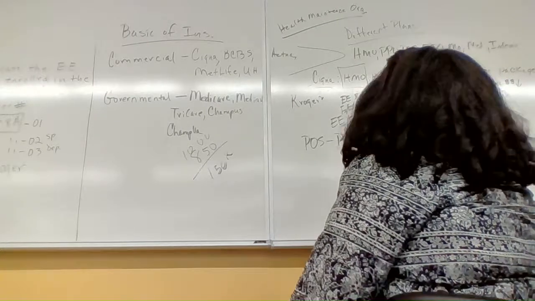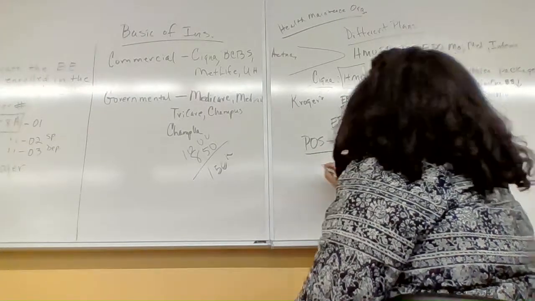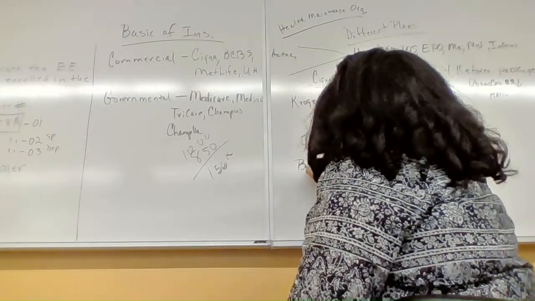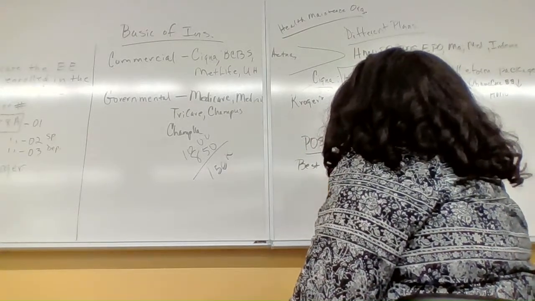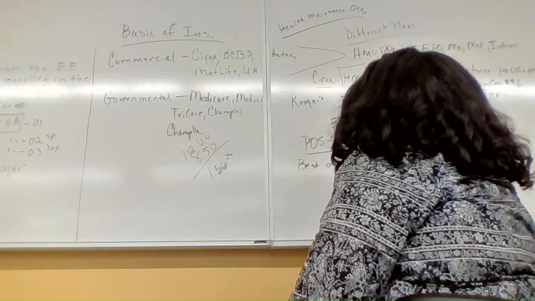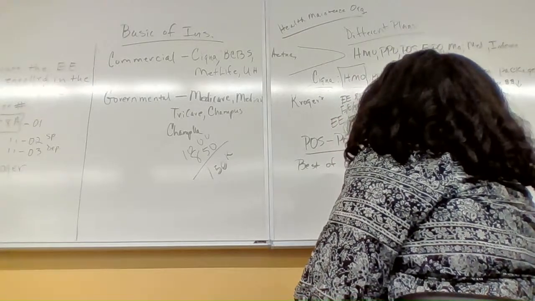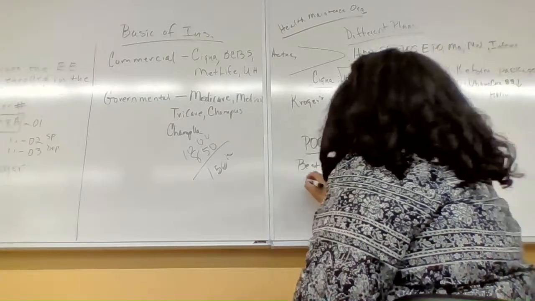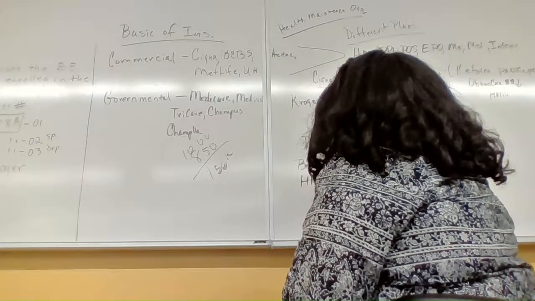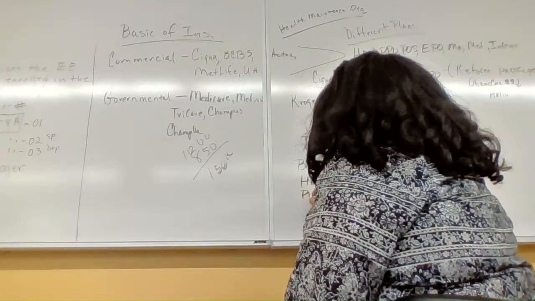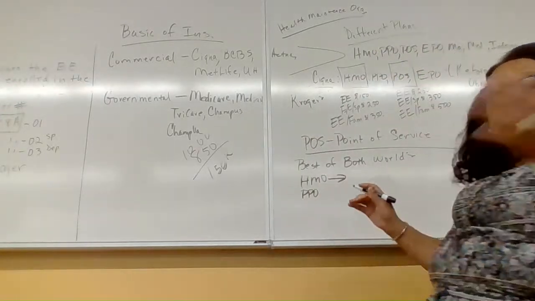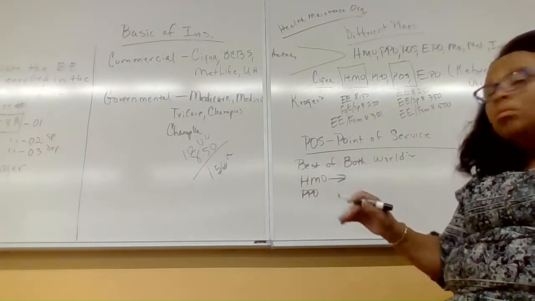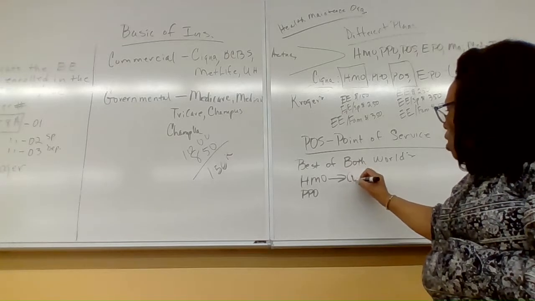Okay, point of service plan. Point of service plan has the best of both worlds. They have the HMO and they have the PPO. Now, with HMO, as a formality, you always pay a copay.